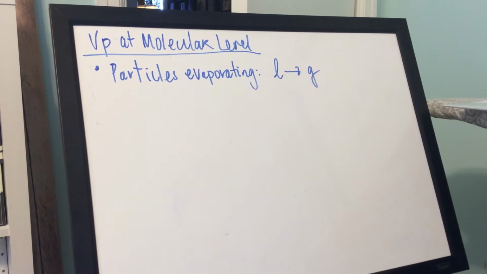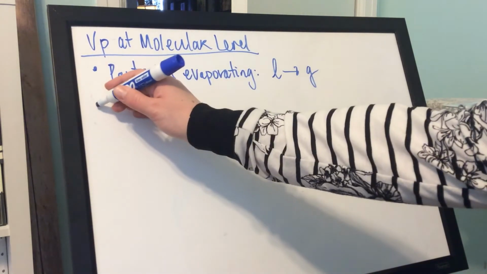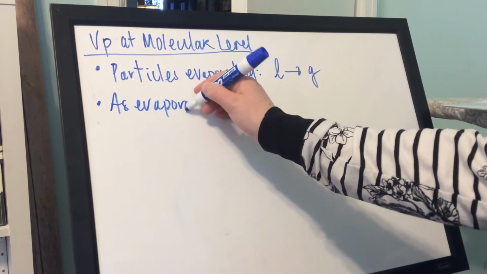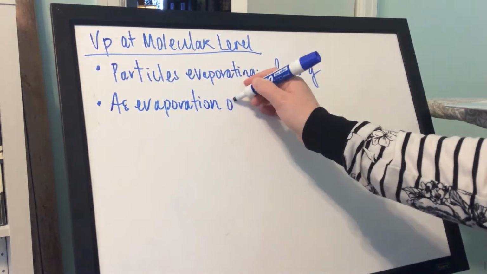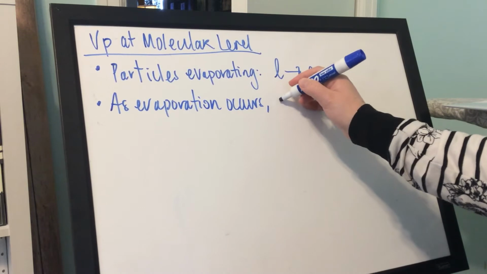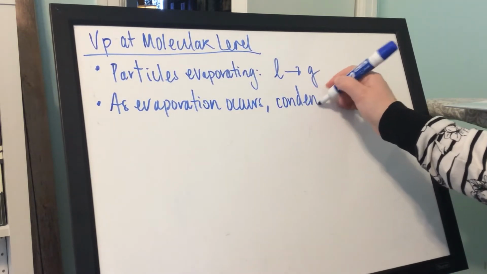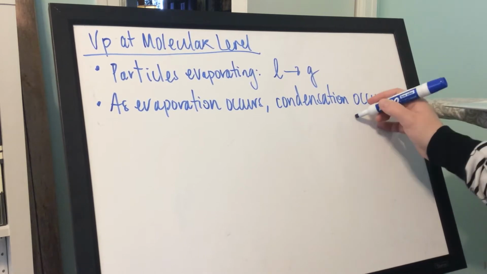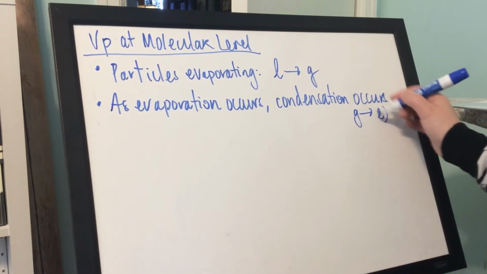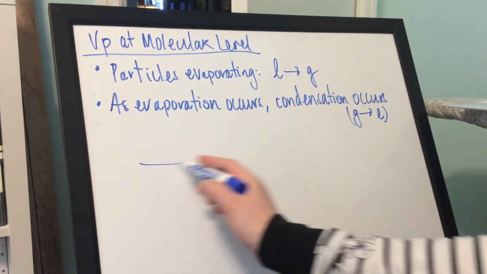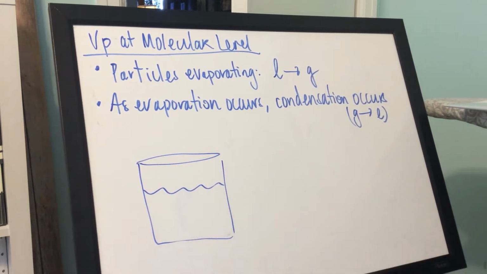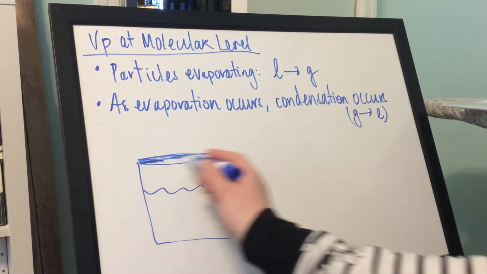As evaporation happens, so does condensation, which is, of course, the opposite. That's a gas going to a liquid. So I'll draw my little picture here again. Remember this is a closed container.